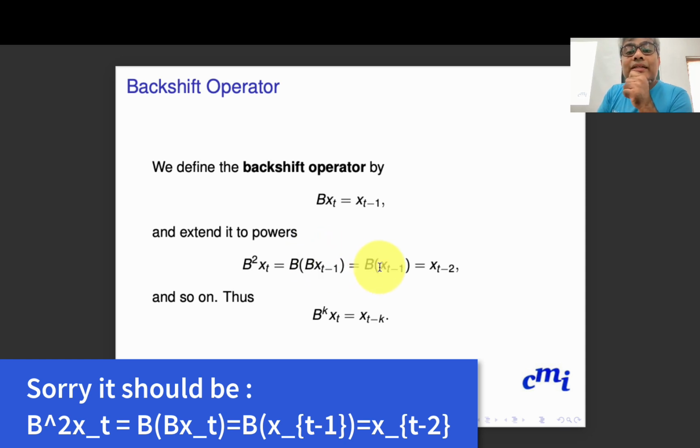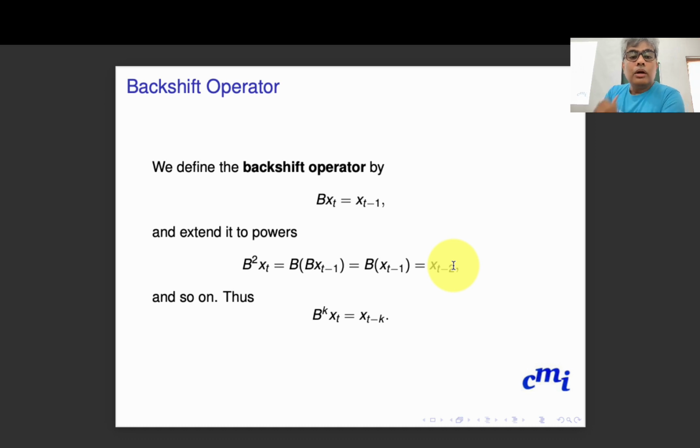It should be xt, then xt minus 1, then xt minus 2. Sorry about that. I will make the correction when I share it with you, and so on. So you can define B^k xt equal to xt minus k.